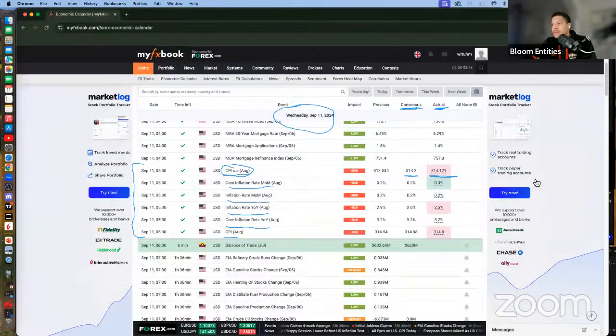It's generally because these two numbers are very far off from each other, right? So that's good there. Core inflation rate month over month, we got a 0.1% increase in that, which is a better than expected result, right?